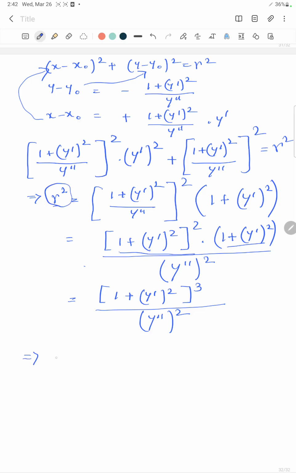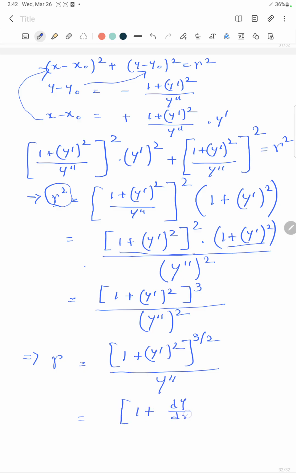Now you take the root of this, so r is simply 1 plus y dashed square to the power 3 by 2, and this is y double dashed. So this is the expression for r, that is simply in terms of dy dx, 1 plus dy dx whole square to the power 3 by 2, and in the denominator it is d2y dx2.